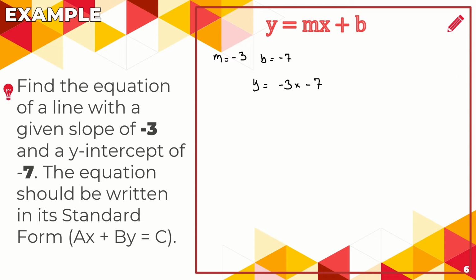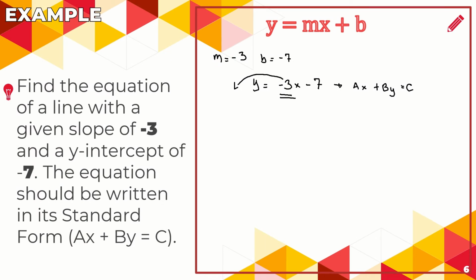We are asked to write the given equation in its standard form, which is ax plus by equals c. And we all know a, b, and c are real numbers, and a should always be positive. So in our solution of y equals -3x minus 7, we need to move -3x to the other side of the equation.